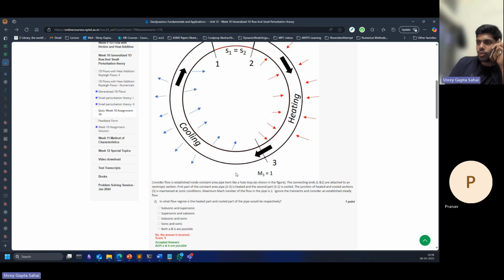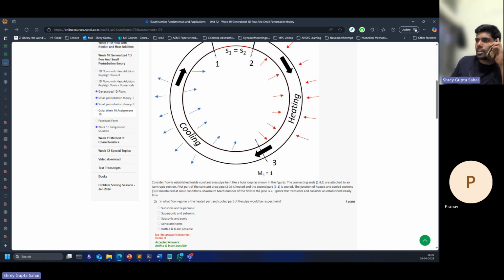When we say heating or cooling, the question for the recorded session is: are we commenting on the total enthalpy or on the temperature? When we say heating and cooling, we mean energy balance, and in the energy balance, it's total enthalpy, not temperature, because as you know, the construct of temperature and heating breaks down when you have supersonic flows, isn't it?